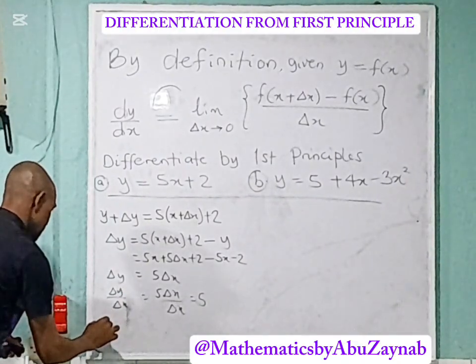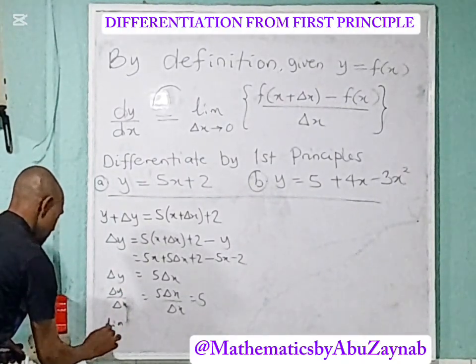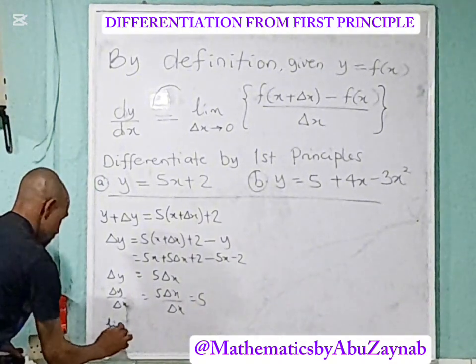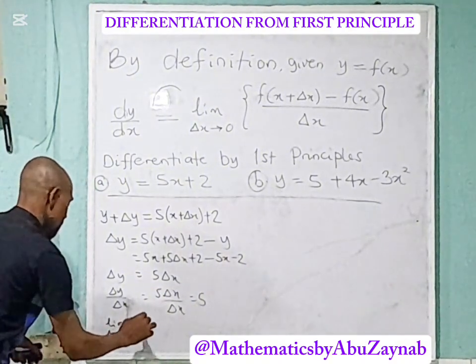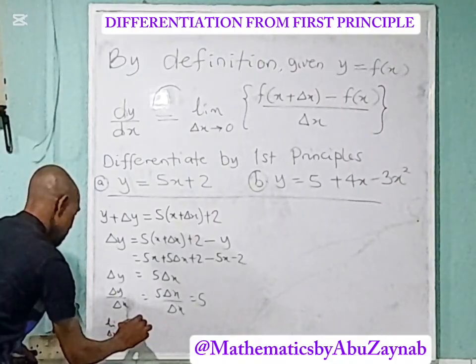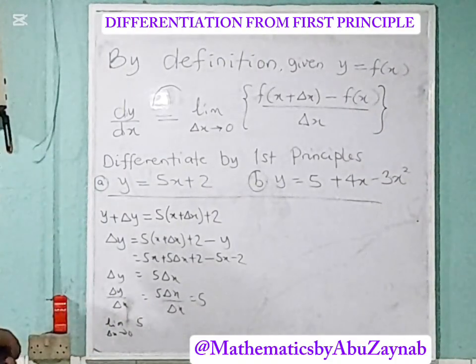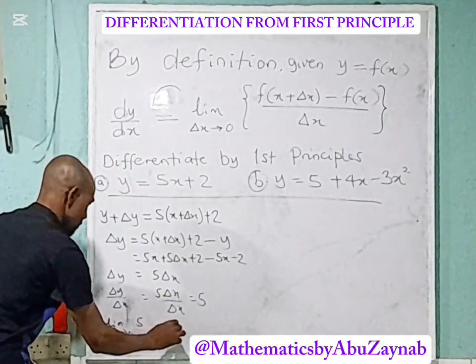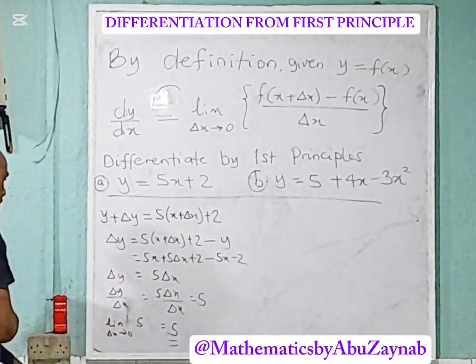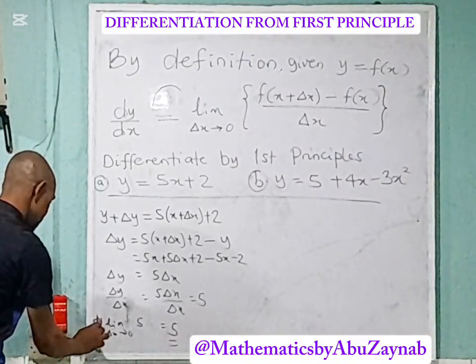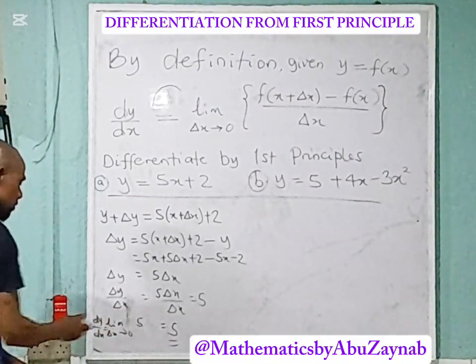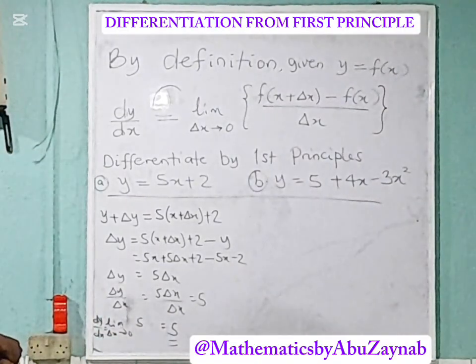We now say that the limit as delta x tends to 0 of the entire function means the limit of this, which simply is 5. So invariably, we have that dy/dx is 5 for that question.